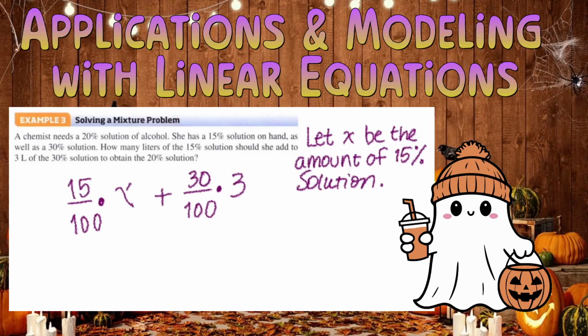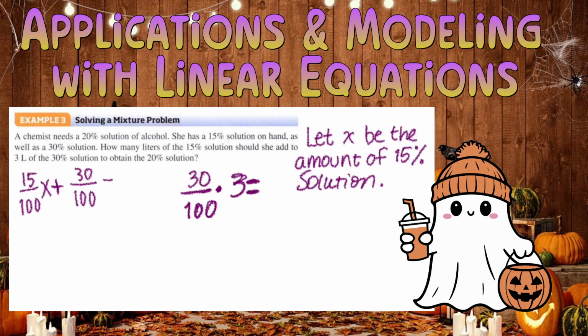So that means 15% of X liters mixed with 30% of 3 liters, and the goal is that it will equal my 20% solution.